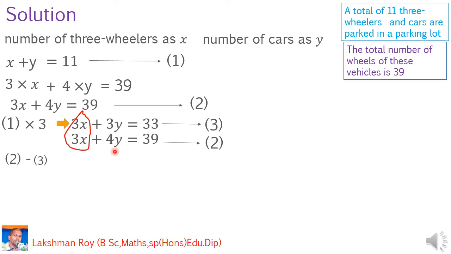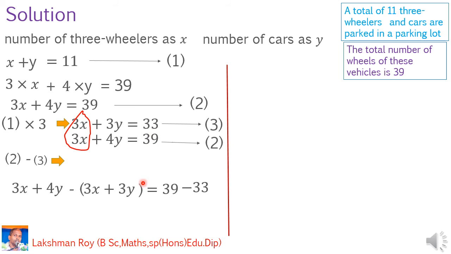Now on the left-hand side, see here, you have 3x plus 4y and you have to subtract 3x plus 3y. There are two terms to subtract, so you need brackets. Right side: 39 minus 33.